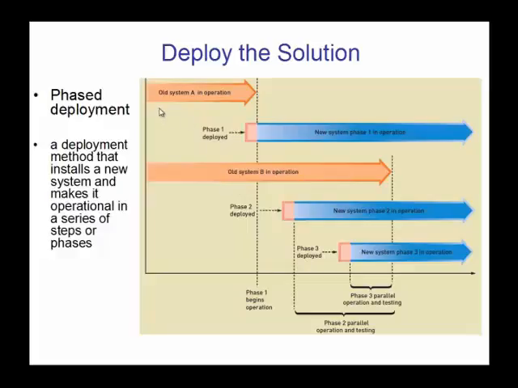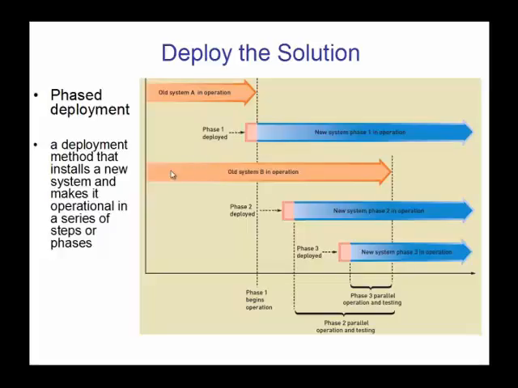So what we're going to do with the first phase is to completely replace the old system A in a fairly direct way of doing deployment. So there's little overlap at all between old system A in operation and the phase one of the new system.